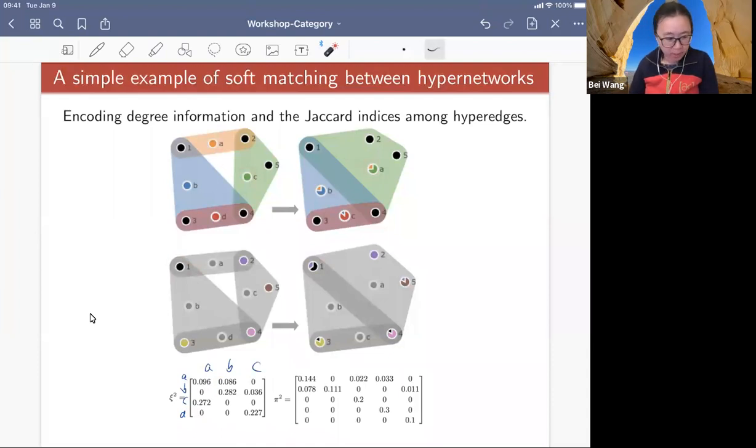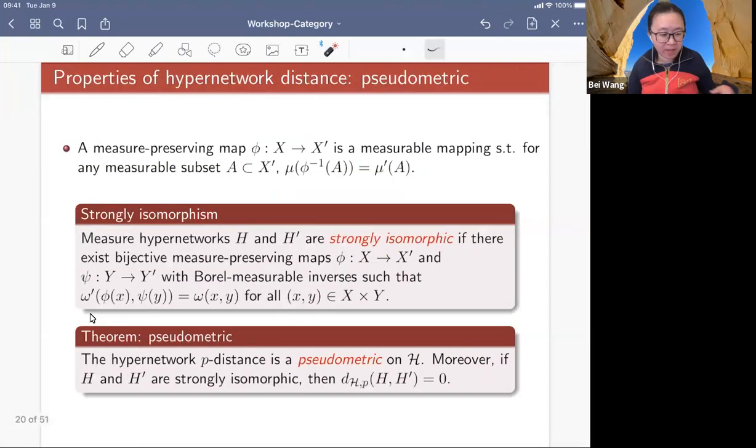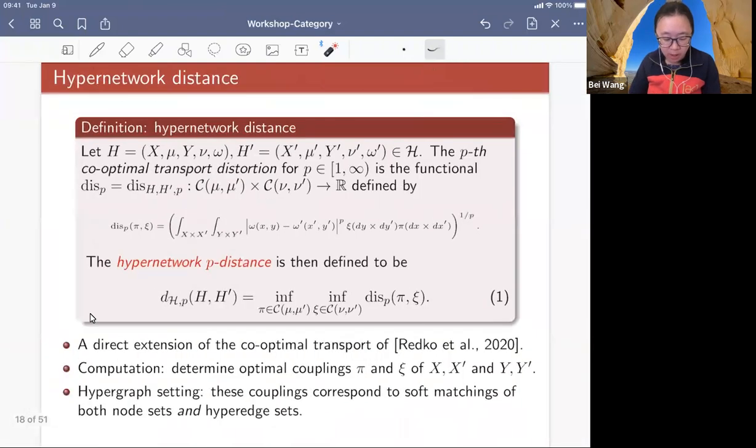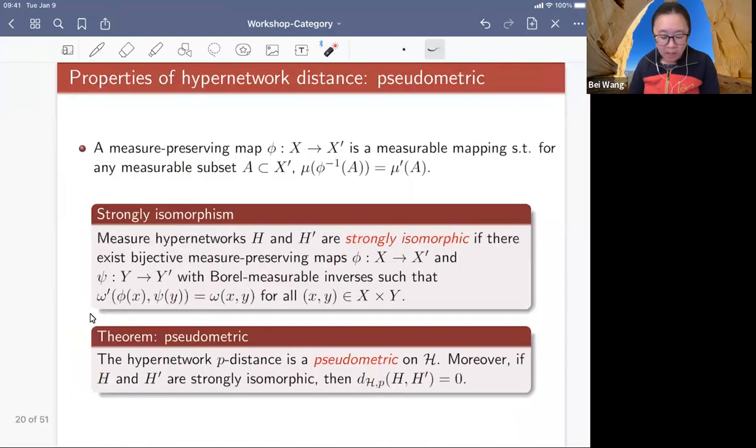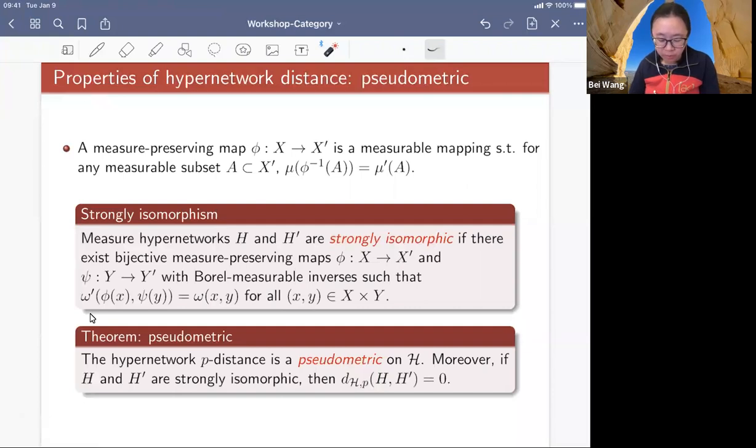All right. I really want to move on to the categorical part, but let's first talk about, at a high level, the properties of this distance. I have this hypernetwork distance, which is based on what's called co-optimal transport. It is actually a pseudo-metric over the space of hypernetworks.